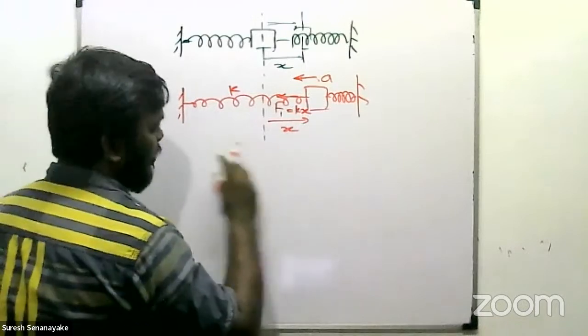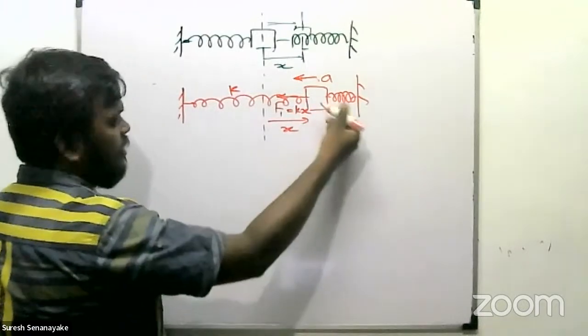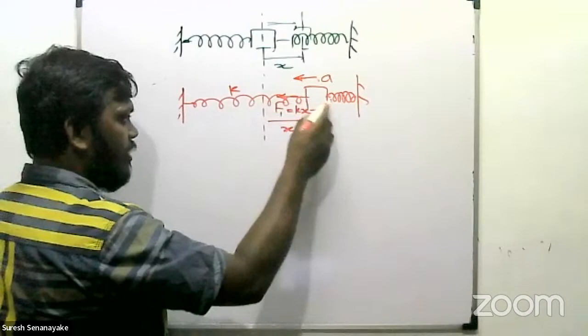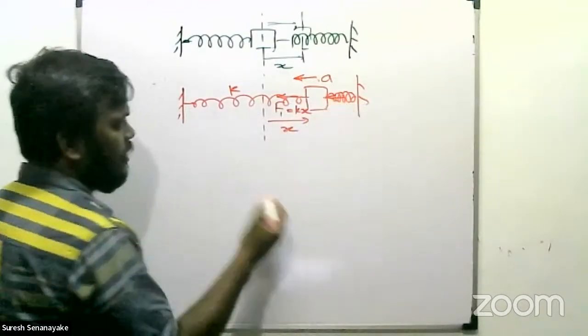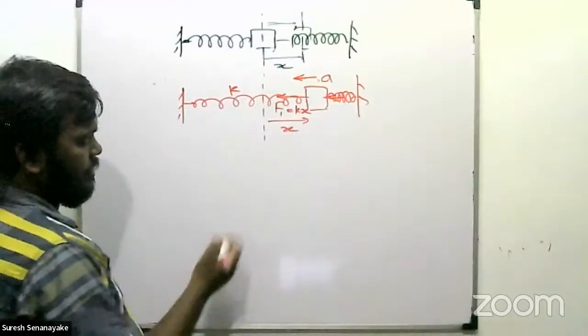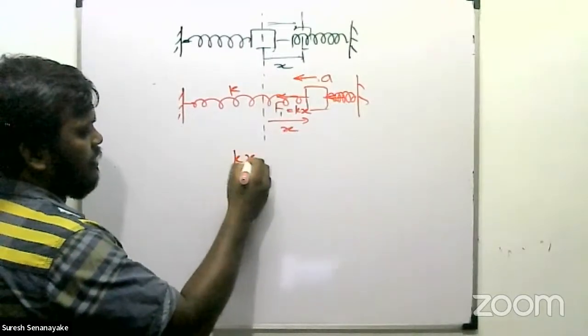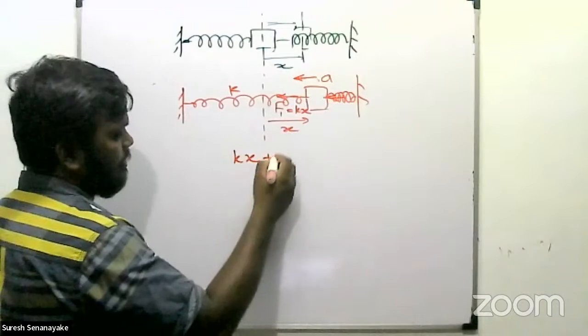If you extend the body to the side, the force acts in this direction, and if you compress this one, the force also acts in this direction. The total force acting on this system is kx plus kx.